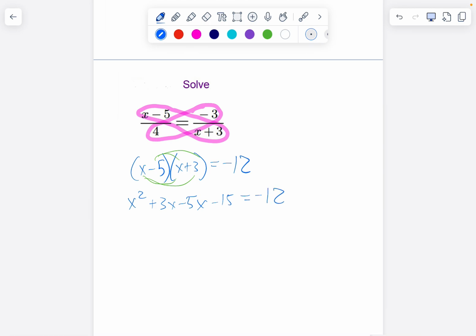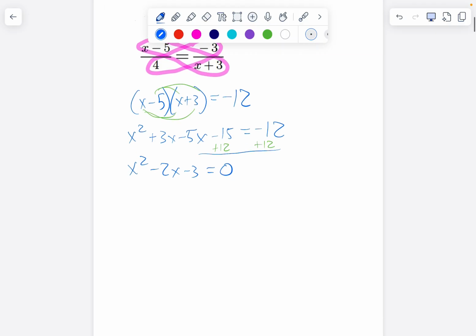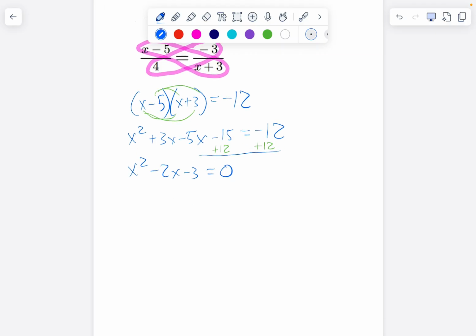Okay, now we need to combine our terms in order to solve. So we'll get x squared. In fact, let's just do it all together. Add 12 over there. So x squared minus 2x minus 3 equals 0. All right, what method should we use to solve that?